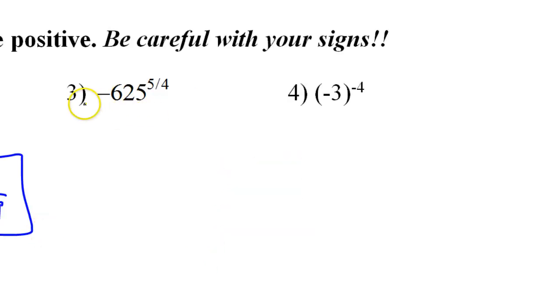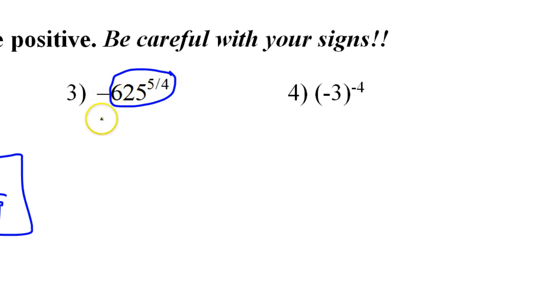Be very careful with number 3. Is this negative sign included in the fourth root, or is it outside of the root? It's outside. Remember, unless there are parentheses, this power only pertains to the number. This power, including the fourth root, does not affect the negative sign.